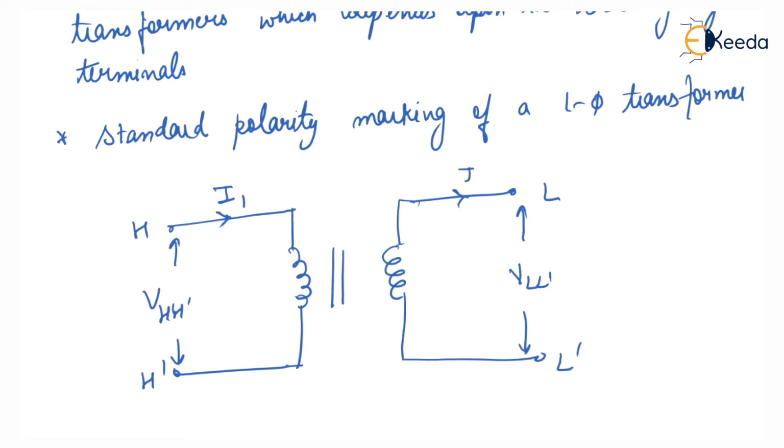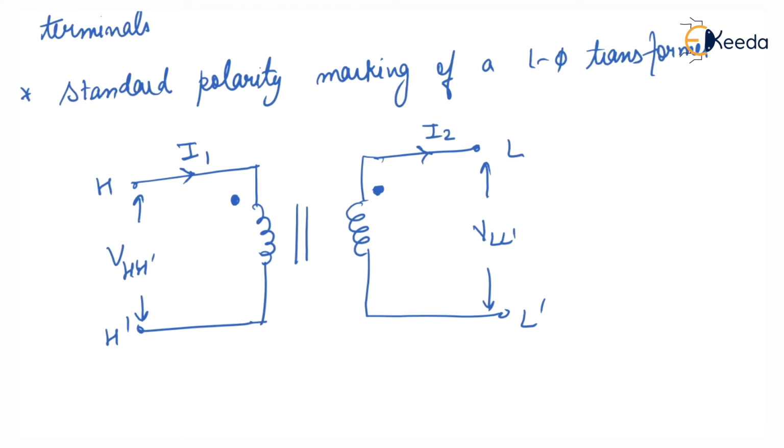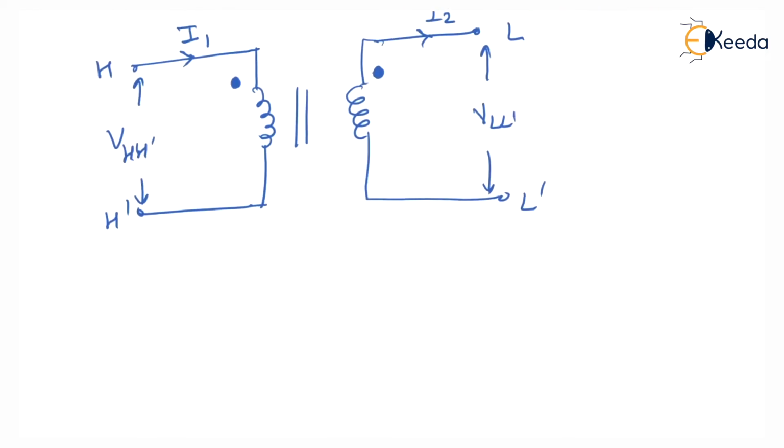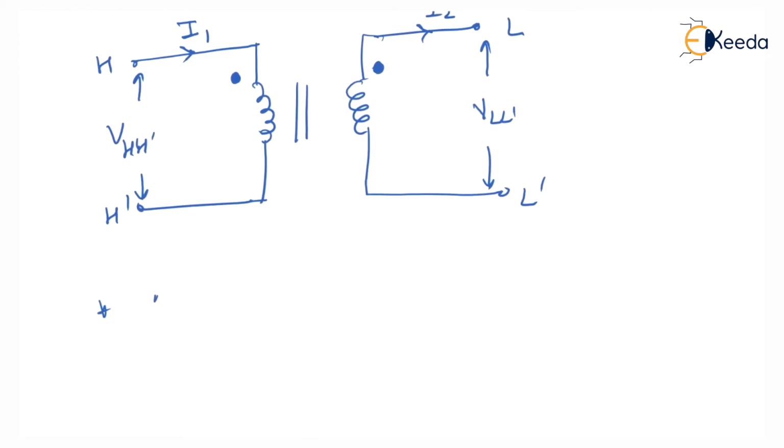Current I1, current I2, and this is the polarity. So this figure shows a polarity marking of a single phase transformer. As you see in this diagram, transformer ends marked with a dot having a same polarity. Therefore, voltage VHH dash is in phase with voltage VLL dash.